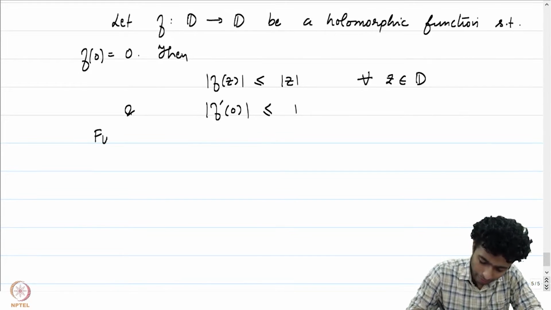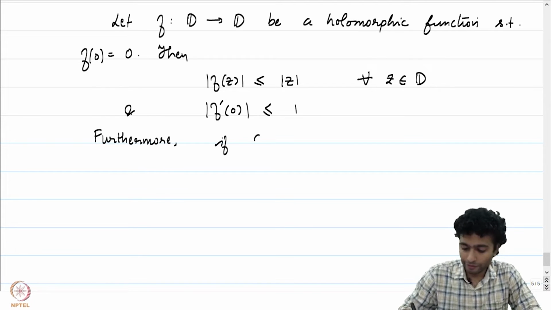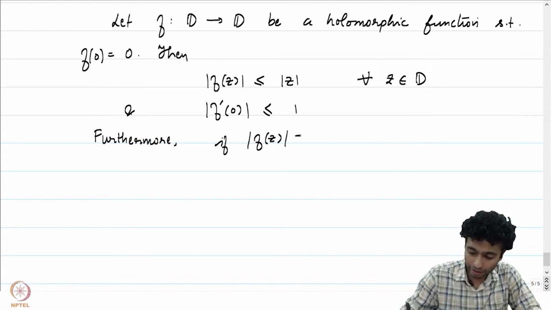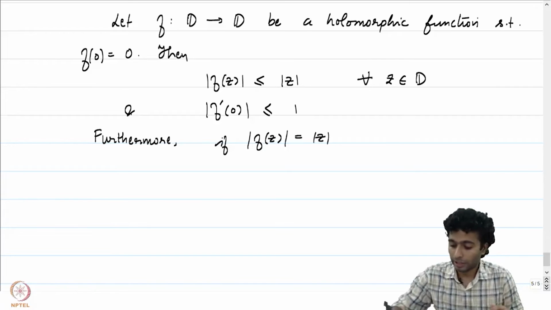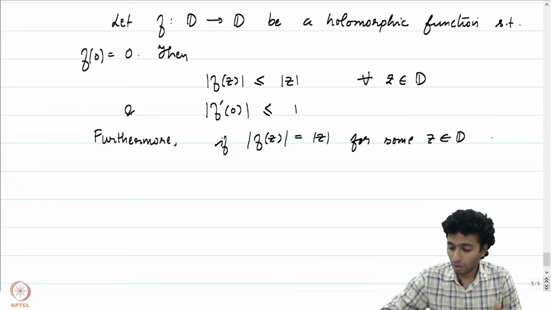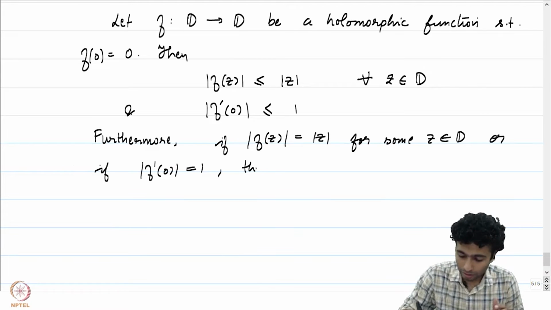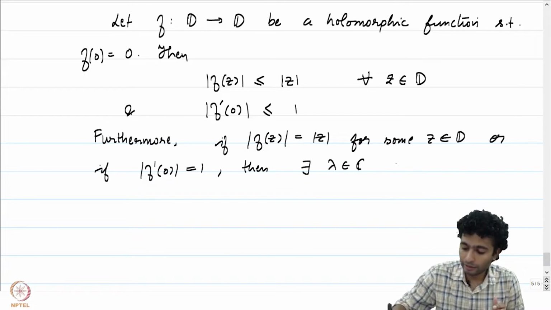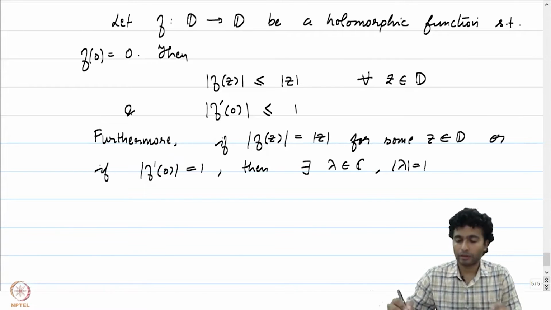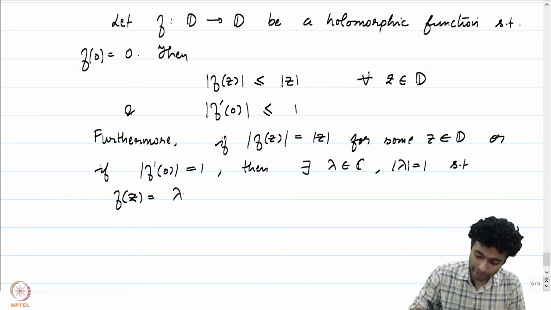Furthermore, if the absolute value of f(z) is equal to the absolute value of z for some z in D, or if the absolute value of f'(0) is equal to 1, then there exists lambda in C with absolute value equal to 1 on the unit circle, such that f(z) is equal to lambda z.